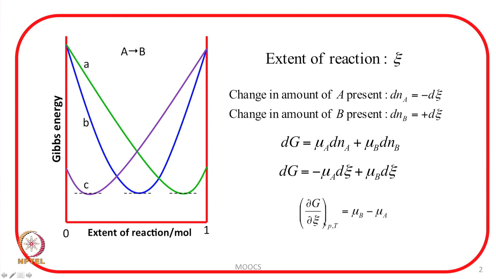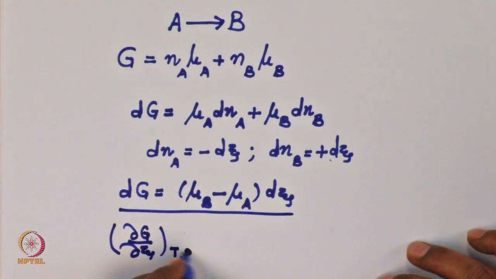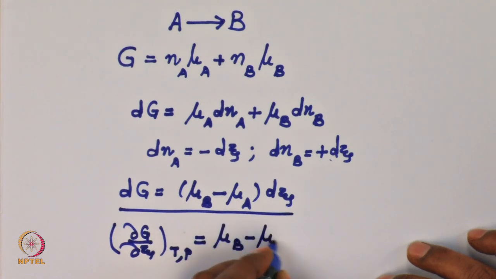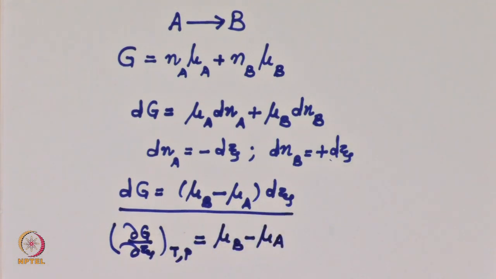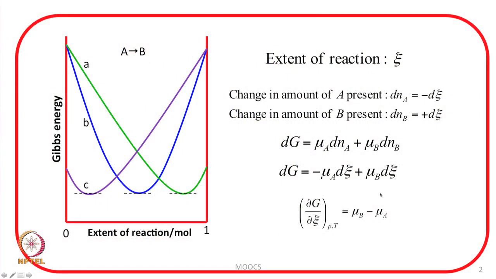For example, from here I can write variation of G with ξ, of course, we have kept temperature and pressure constant, is equal to μ_B minus μ_A, and that is what we have found over here, that dG by dξ is equal to μ_B minus μ_A, where μ_B is the chemical potential of B and μ_A is the chemical potential of A.